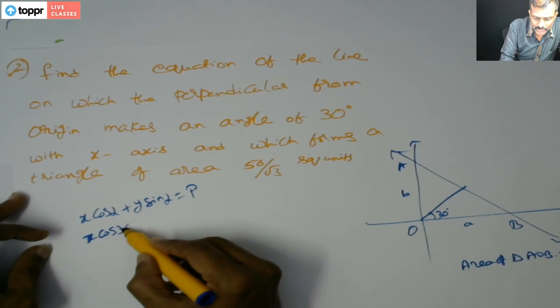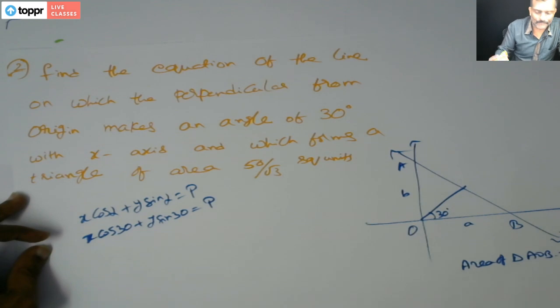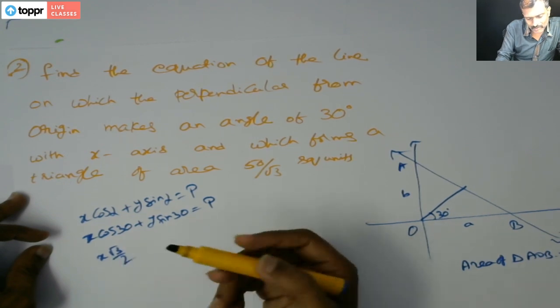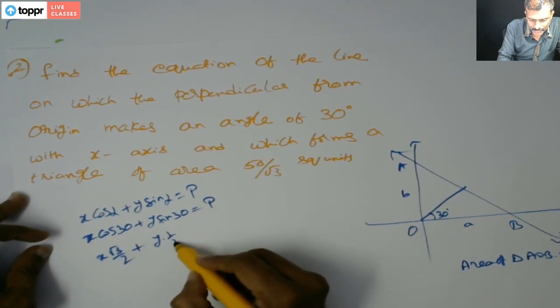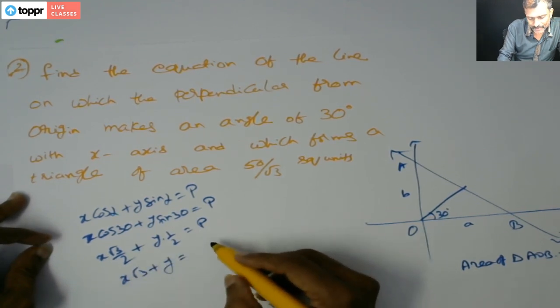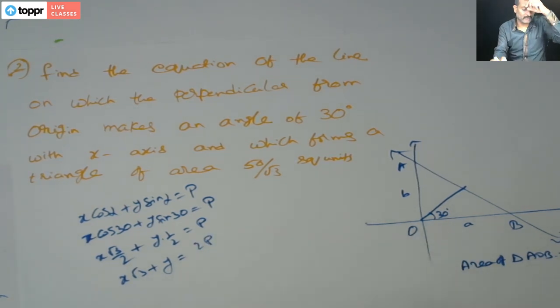So x cos 30 plus y sin 30 will be equal to p. So I have to find the value of p here. This will be x times root 3 by 2, as cos 30 is root 3 by 2, plus y times half is equal to p, which implies x root 3 plus y is equal to 2p, right?